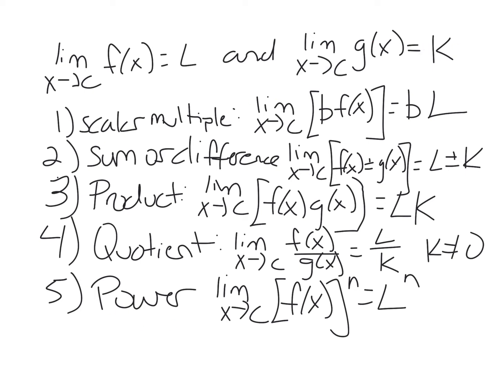Here are our 5 rules with regards to these limits, whether it's multiple, sum or difference, product, quotient, or power. All have their own rules. Please pause this video, jot these down. They will come in handy throughout the section that you might have to apply.